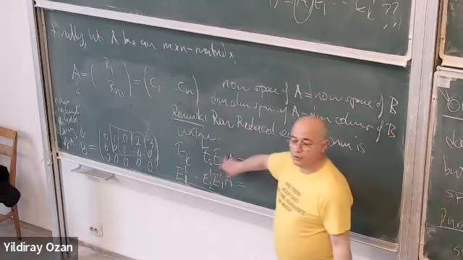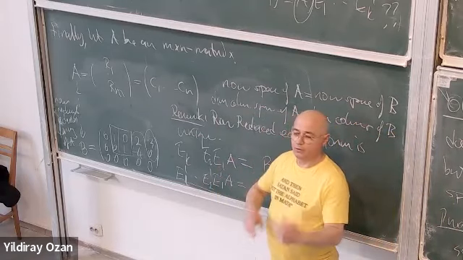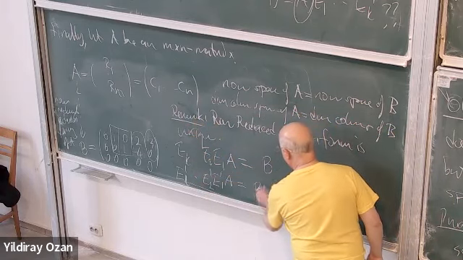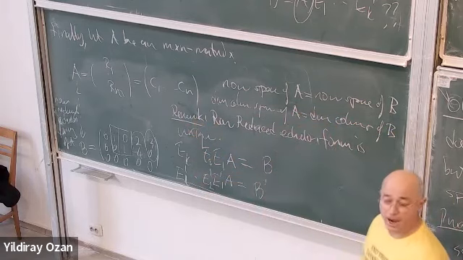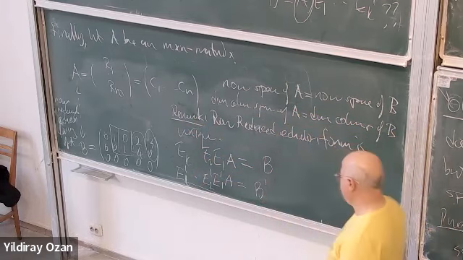Maybe you used 5 here, and 15 here. You can do that. And you obtain another row reduced echelon form, let's say B prime. These are the same. Why is that?